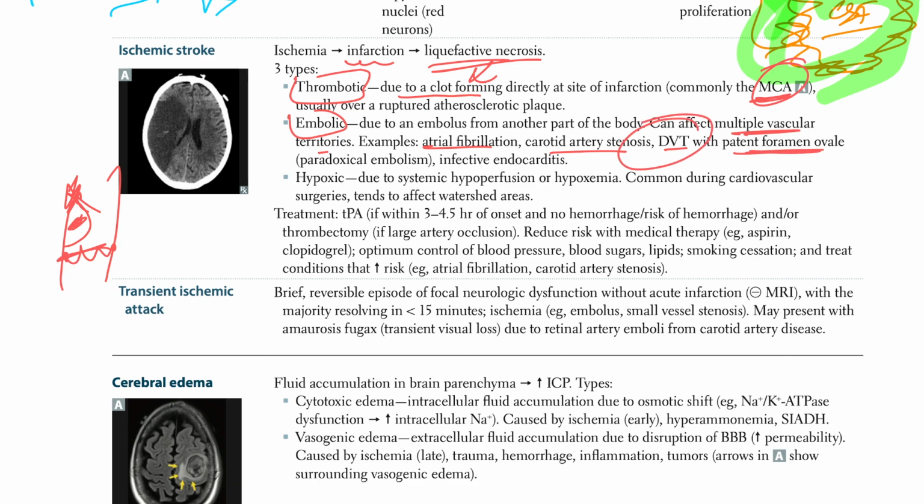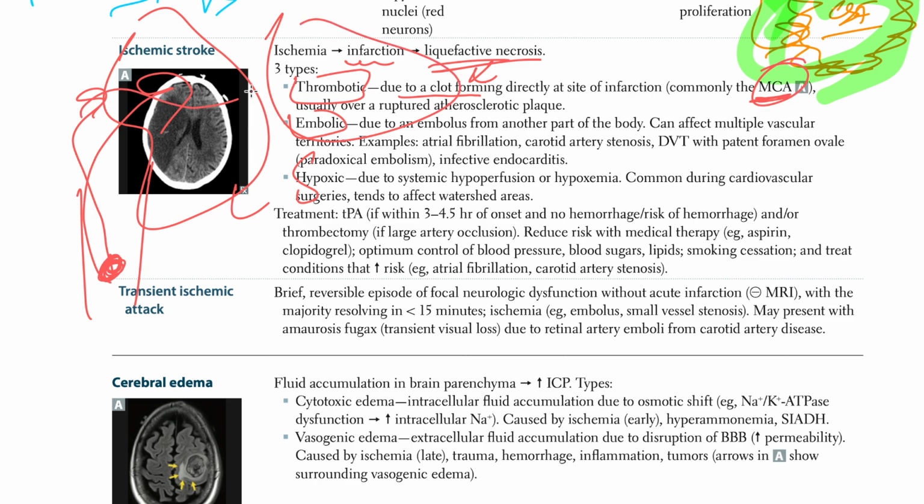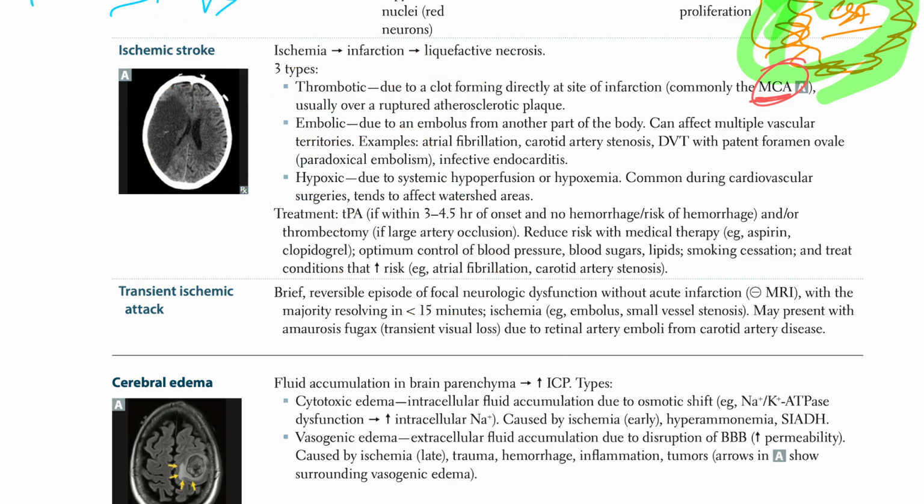DVT, remember the concept here, DVT would not give you left-sided embolism, right? Let's just think about it: you have a deep vein thrombosis, that emboli is going to come, but it's going to lodge somewhere in the lungs. It will never be able to cross and go all the way to the left side unless there is an opening between your right heart and left heart.